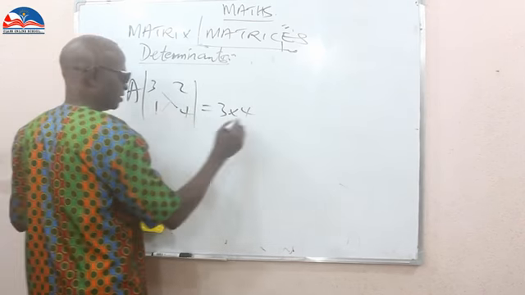Go to the next one: minus 2 into 1 times 1 minus 5 times 2. Then this is plus 2 into minus 1 times 0 minus 1 times 5.